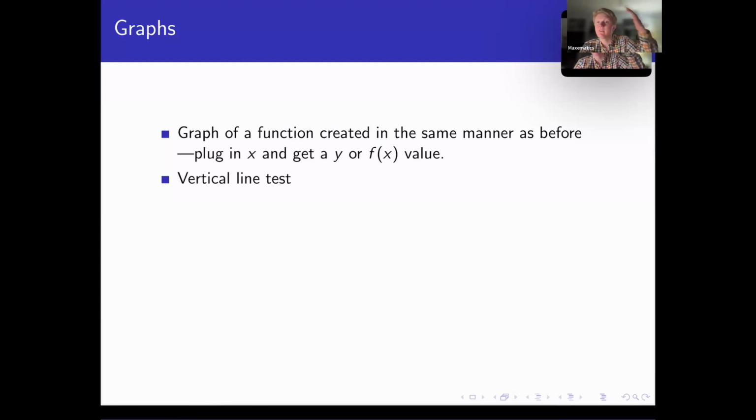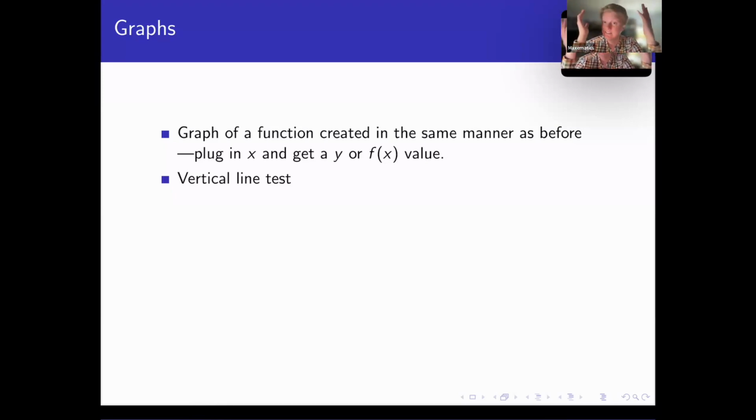Let's think back to that very first definition we came up with for functions. We said functions must use every x, but every x can only be used once. So if you have a vertical line and it covers a point here and a point here, it says that that same x value is going to two separate y values, and that violates the second rule of functions.